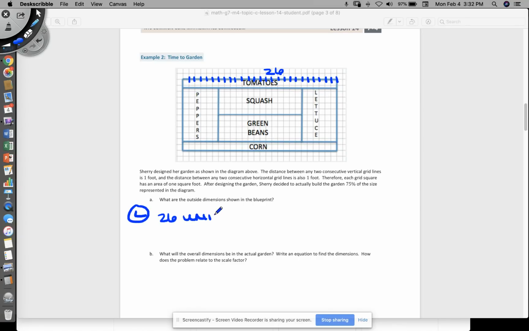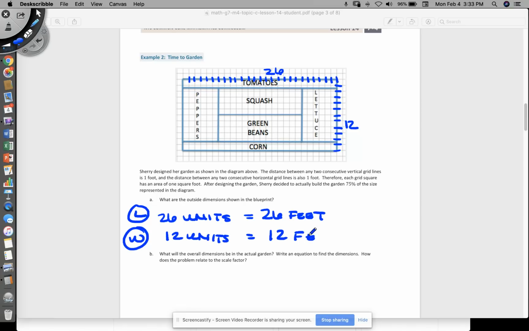And since each unit represents a foot, this is 26 feet for the diagram. Now let's find the width. All right, the width is going down here. So we have 1, 2, 3, 4, 5, 6, 7, 8, 9, 10, 11, and 12. So this is 12 units, which equals 12 feet. So those are the dimensions of the outside.